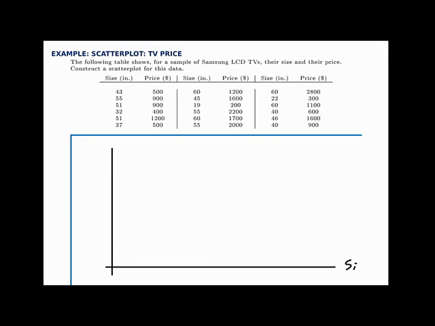So let's say our x-axis represents size and our y-axis represents price. Again, we'll try to be consistent with these where the first column is x, the second column is y, but it turns out that if you switch the order, it doesn't change too much, at least at this point. So now we need to put a scale on each axis. The sizes go up to about 60 inches, so let's make sure we include at least up to 60.